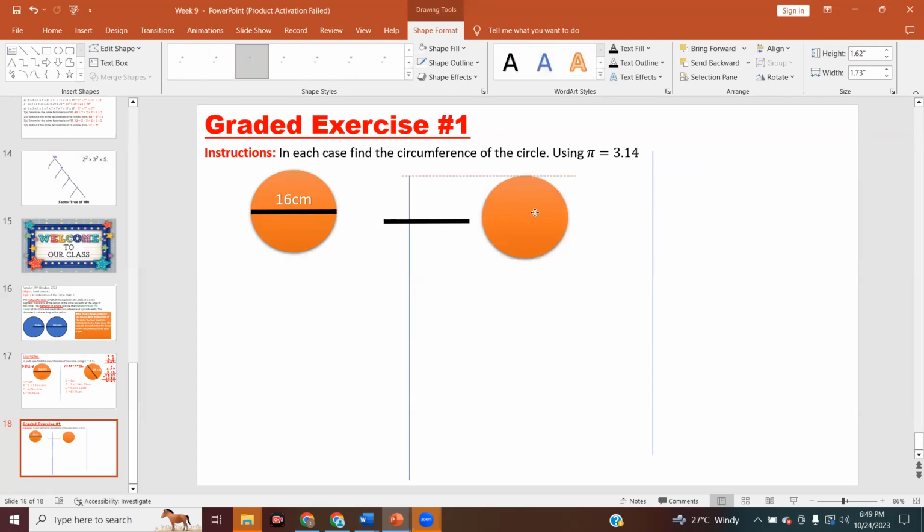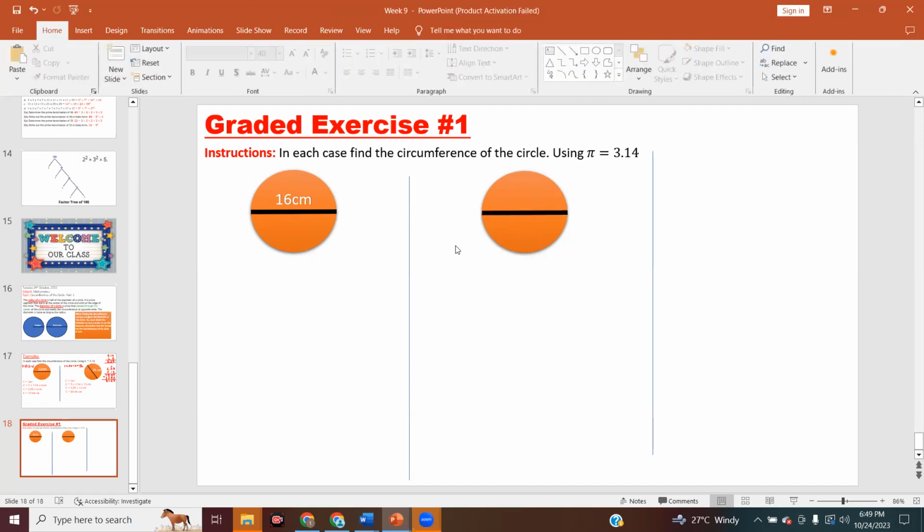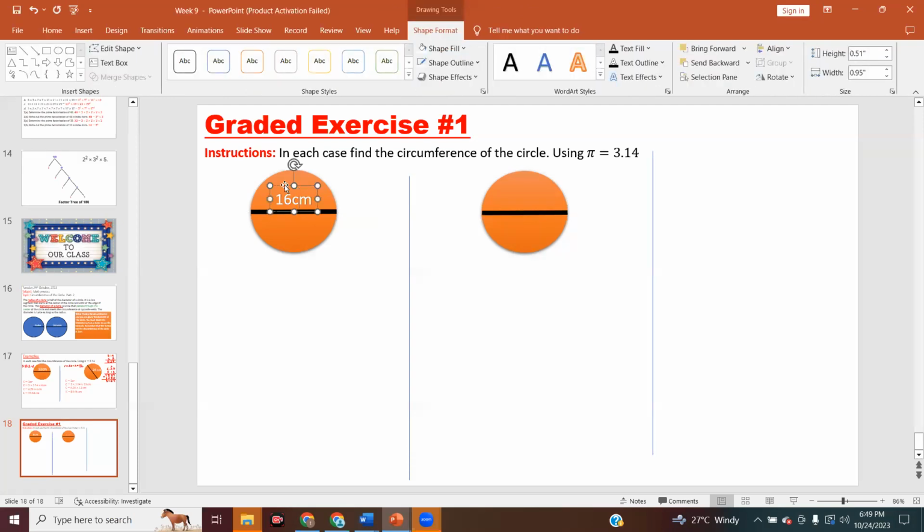And for this one, the diameter is equal to 24.